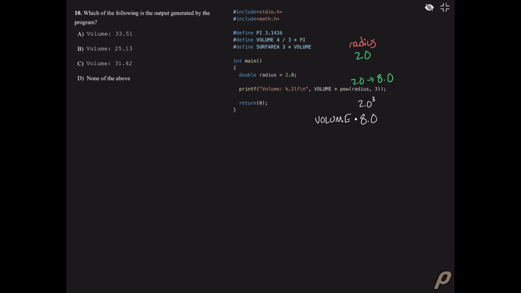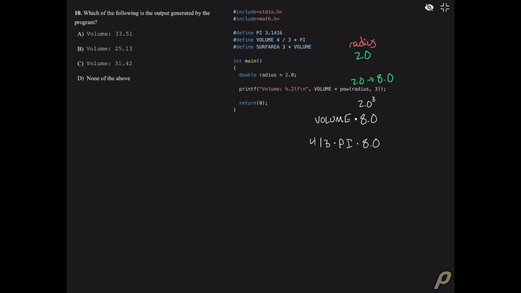So volume, as we see up here, is 4 divided by 3 times pi. So what we've got to do is put in this pi value. Down here at the bottom, we know volume is 4 divided by 3 times pi, and then times this result that we already calculated. We really should have done this calculation after the fact, now that I think about it, but it won't affect us because we're just doing left to right and nothing gets messed up.